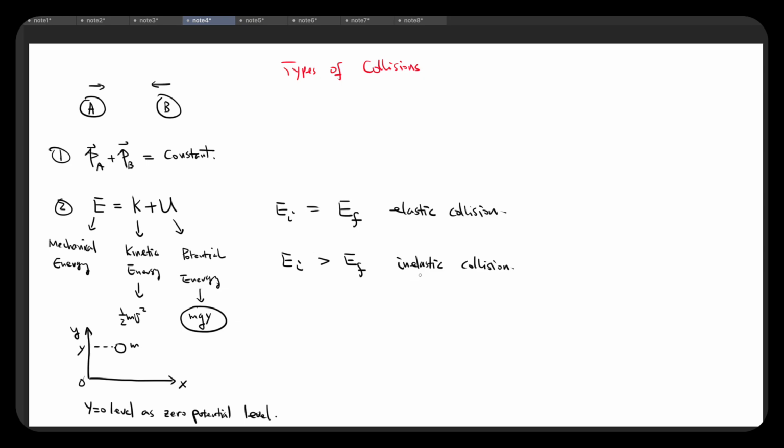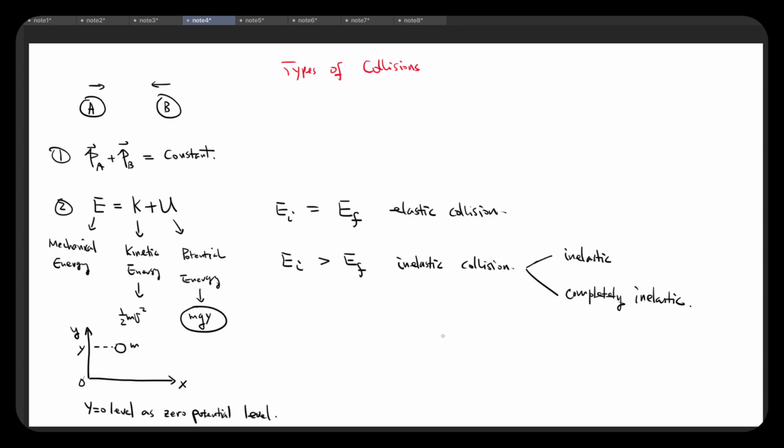And inside this inelastic collision, we also have two different categories. One is simply called inelastic, and the other one is called completely inelastic. So what's the difference between these two?